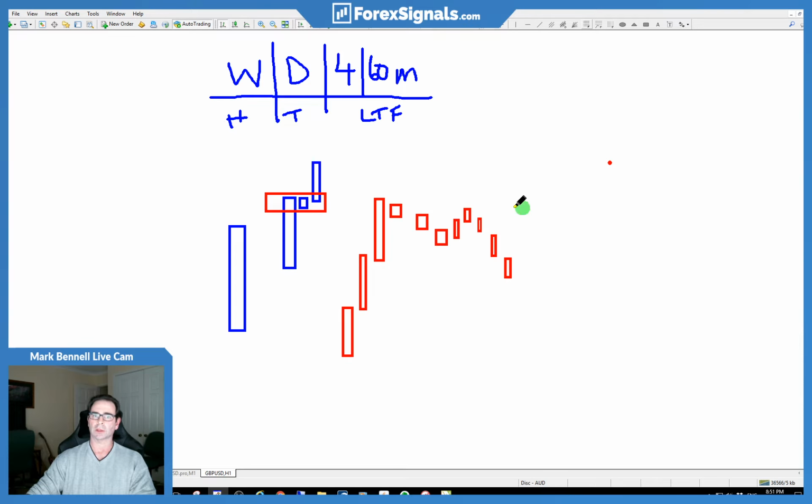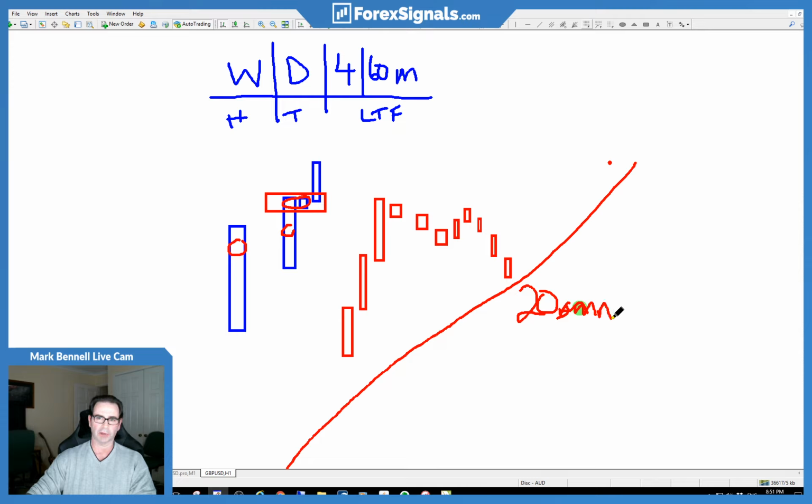Okay, so we have to remember now, if we've got our, so let's say this is a 4 hour, here's our 20 period. You can imagine that the weekly is going to be nowhere near it. It's going to be contained somewhere inside the bar, and the daily could even be somewhere in here, or it might be this little area here. So we're looking for price to pull back to the 20 period simple moving average on the lower time frame.